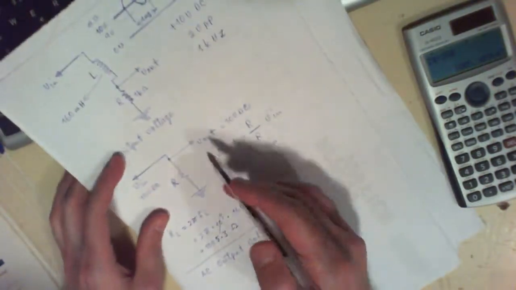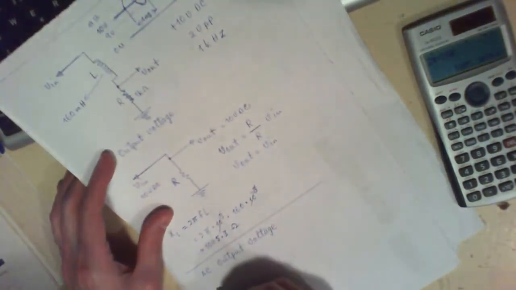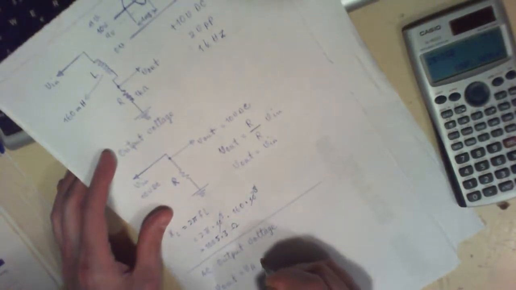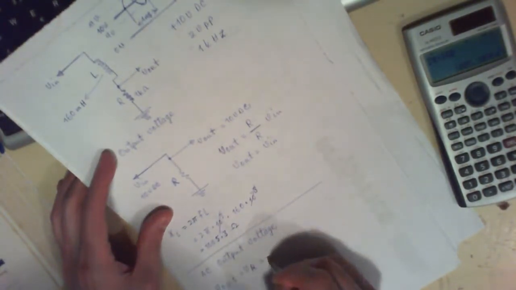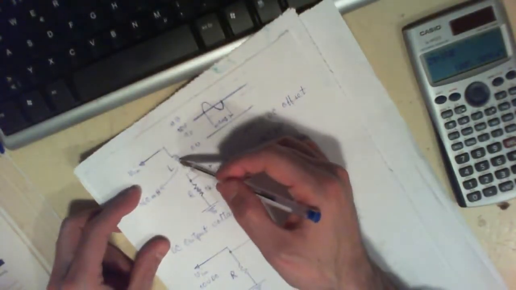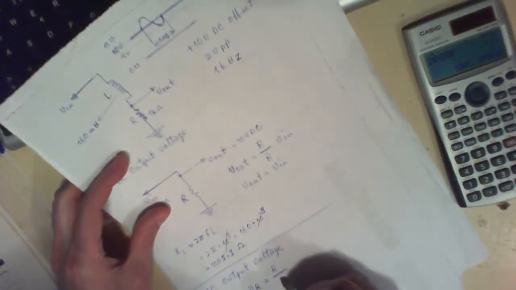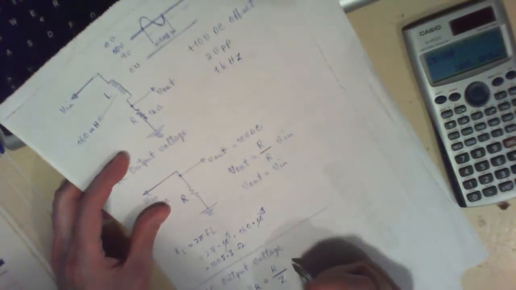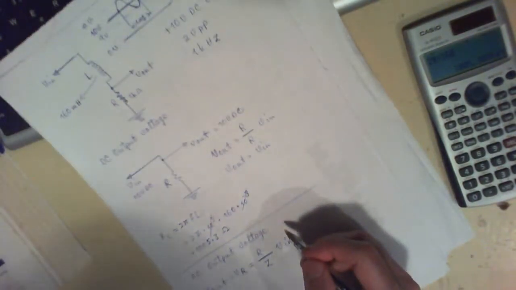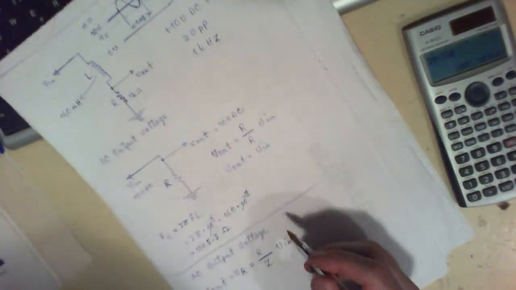So the voltage at that point, V out, which is equal to V of R, is equal to the resistance of that resistor divided by the total resistance in this circuit, which is actually the impedance. So R divided by Z times the input voltage.